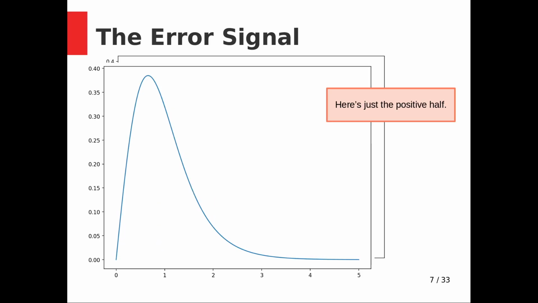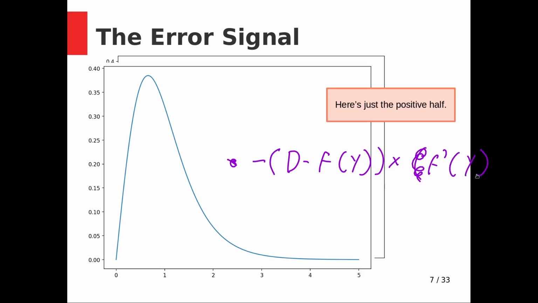Understanding this graph is a little bit important, so if you're feeling a little bit lost, take a moment and meditate on it, because I'm going to show you a couple more of these over the course of these slides, all right? And as a reminder, this is a graph of the error half. It's a graph of our error signal, which is d minus f, where f is the activation of the pre-input, times f prime of the pre-input.